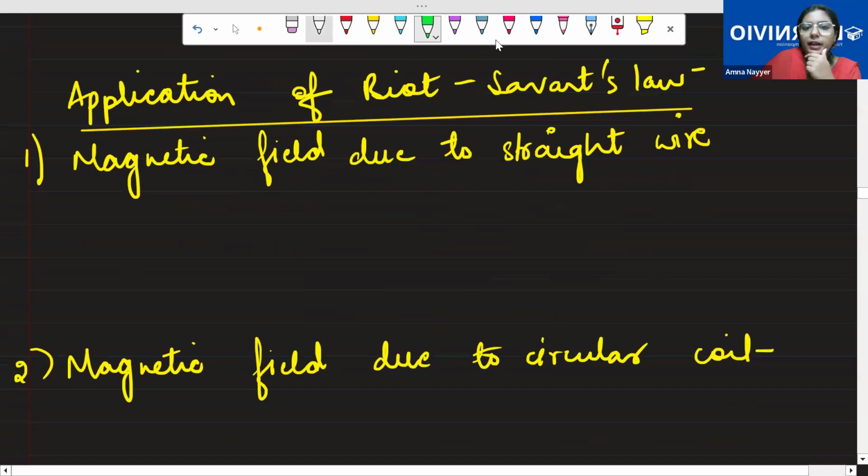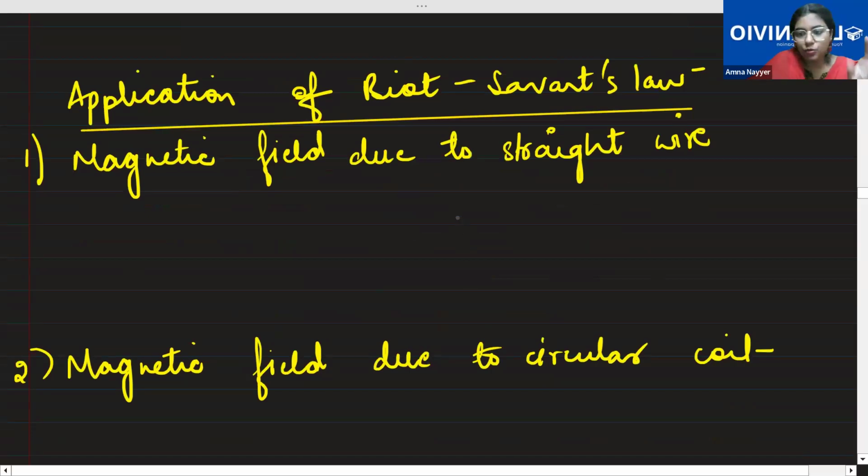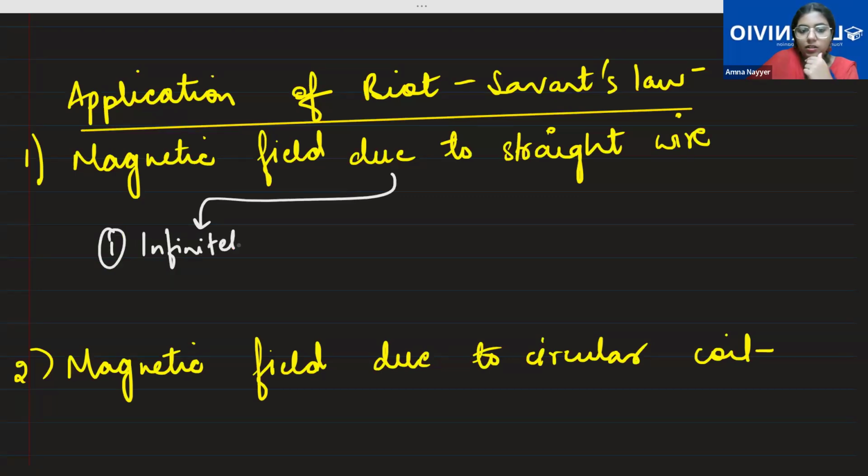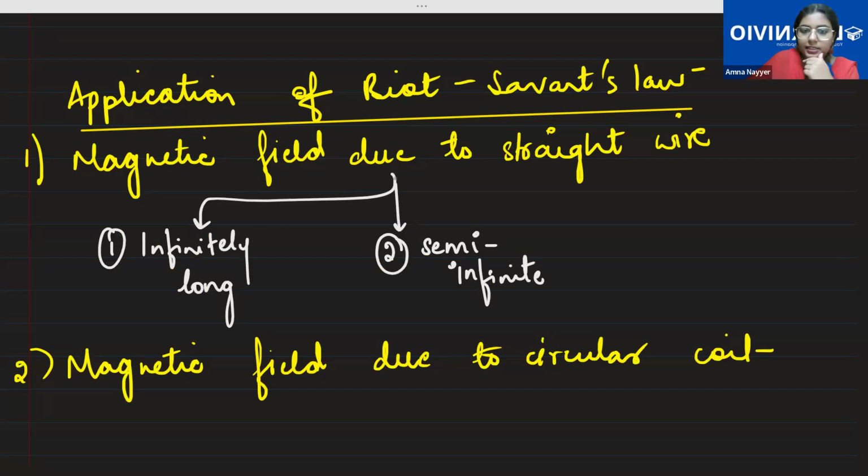When we talk about the Biot-Savart law's application, there are majorly two bases on which it is classified. One is for all kinds of straight wires, and another one is for circular wires. In the magnetic field due to straight wires, there are three cases: one is when the wire is infinitely long, second is when the wire is semi-infinite, and third is a finite wire.